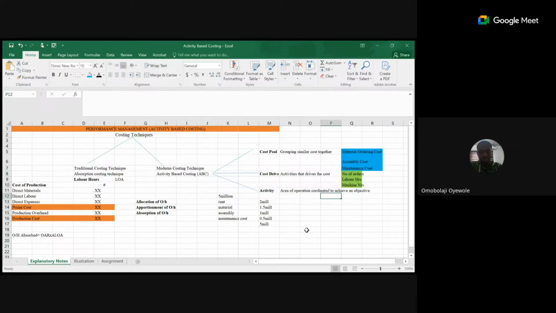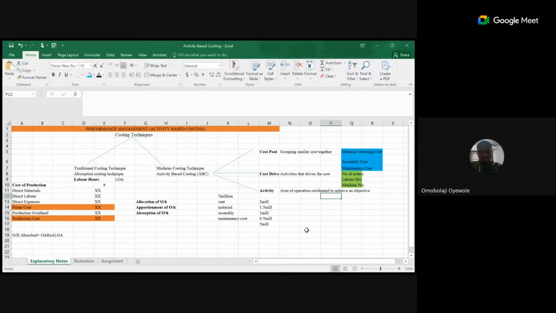All the cost pools will be given to us, and cost drivers will be given to us. So it's now your responsibility to identify the cost driver for each cost pool. Sometimes the examiner can just give you the cost pool and might not attach the cost driver to the individual cost pool. So it means that you have to know the cost driver for each individual cost pool.